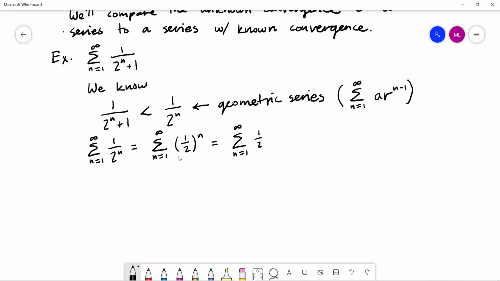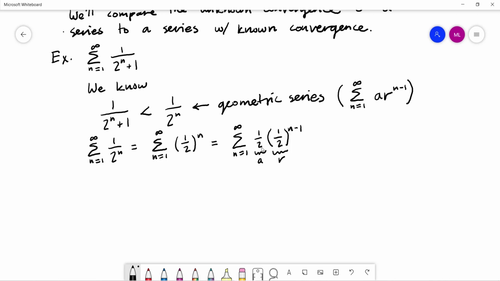If I factor one of the 1/2s out, that'll leave me with a 1/2 to the n minus 1 power sitting next to it, right? So 1/2 to the first power, 1/2 to the n minus 1th power. When you multiply them together, you get 1/2 to the nth power. The powers would sum together. So this plays the role of my a, this is my r, and obviously n minus 1 is pretty explicitly written right up there.